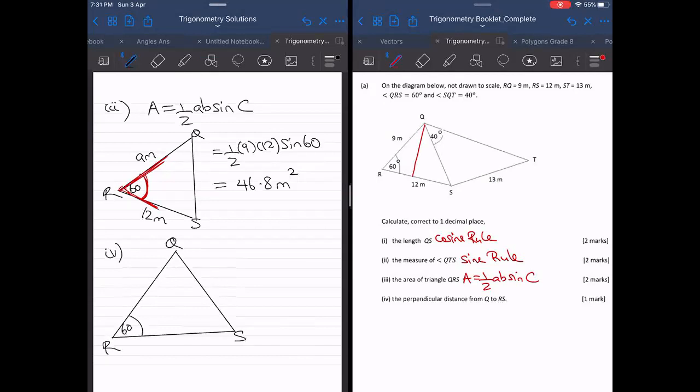All right, we know that this is 60. We know that this is 9. We know that this is 12. So they're asking for the distance from Q to RS, but because they said perpendicular, what they're trying to say is that this line makes a right angle with RS. If you notice, you're basically going to get a right angle triangle, right?